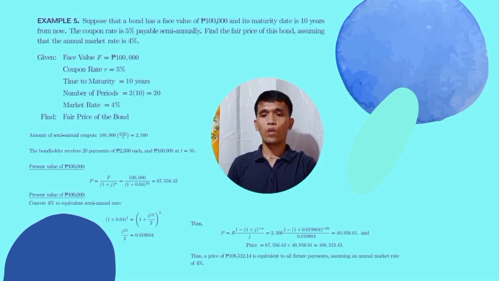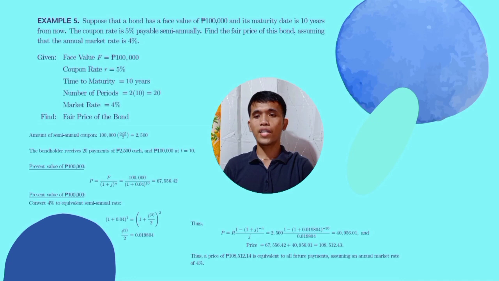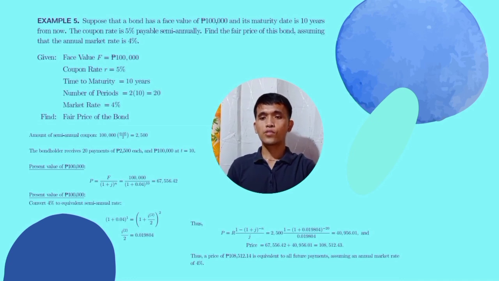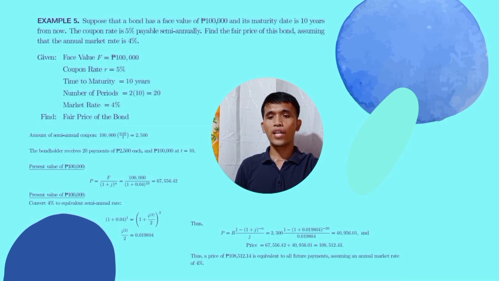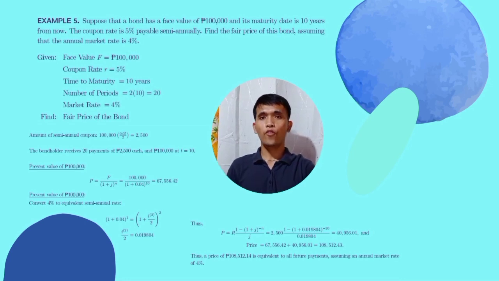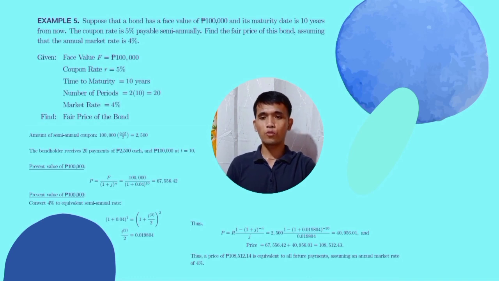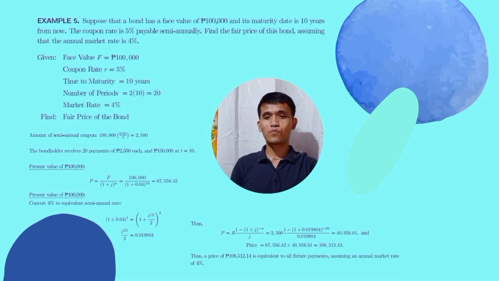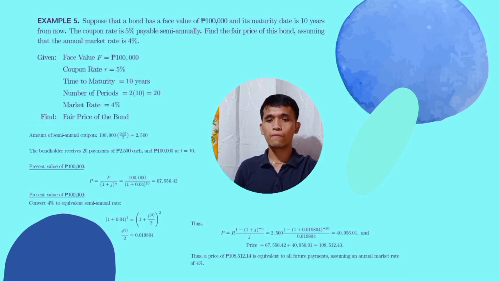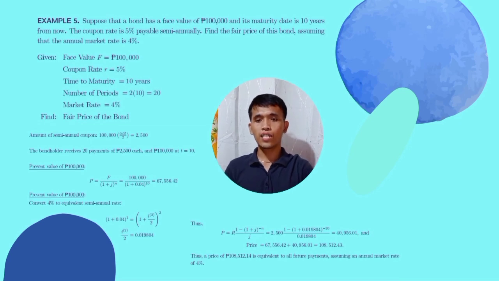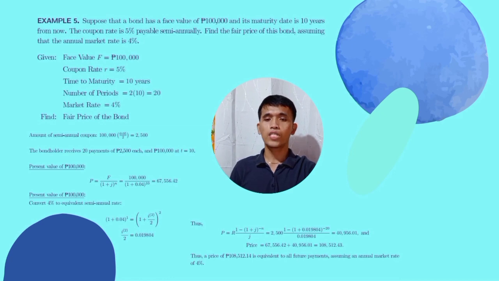So 1 minus the quantity 1 plus 0.019804 raised to negative 20, over 0.019804, is equal to 40,956.01. The price is equal to 67,556.42 plus 40,956.01, which is equal to 108,512.43. Thus, a price of 108,512.43 is equivalent to all future payments, assuming an annual market rate of 4%.